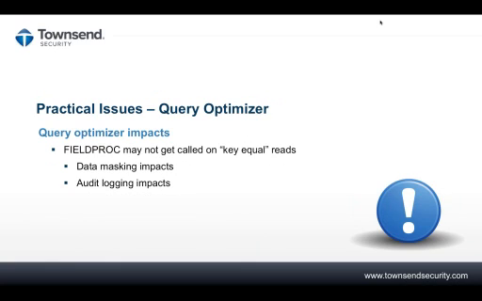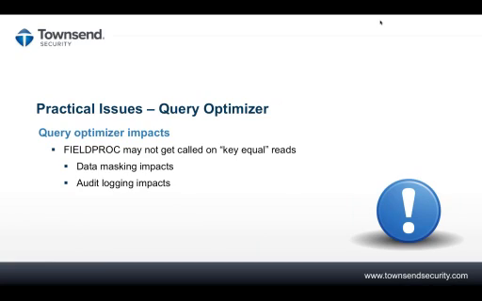Again, I touched on this. The query optimizer can sometimes have impacts on your implementation of FIELDPROC. I've seen people say, hey, I changed this record that's under FIELDPROC control using a credit card number. I thought it was going to do some masking, but it came back in the clear. Well, you may be a victim of the query optimizer. You can control that.